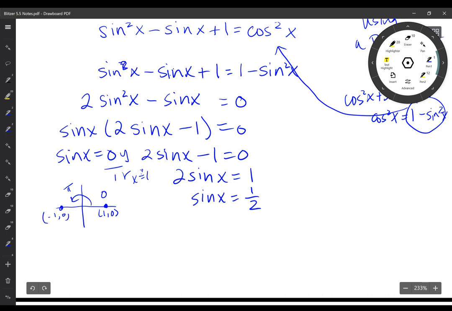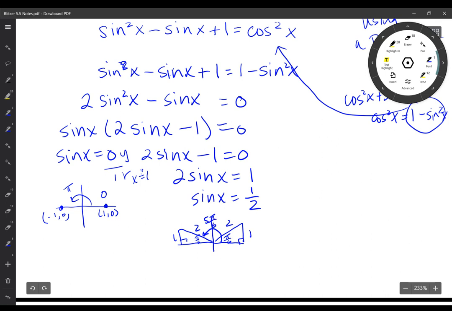Okay, and then for 1/2, I feel like we've done 1/2 a lot, at least in part 1 of the notes. A positive 1/2 could be in quadrant 1 or 2, and this would be a pi over 6 inside. And so our angle that goes around our terminal, our ray in standard position, or our angle in standard position for this one's going to be 5 pi over 6.